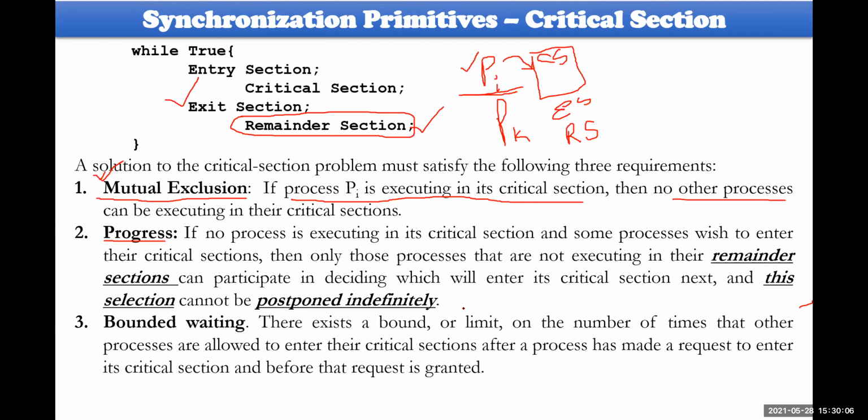The next one is bounded waiting. If a process is waiting to execute the critical section, the wait must be within time limits, not indefinite. It may wait some 2 nanoseconds or 10 nanoseconds, something like that.